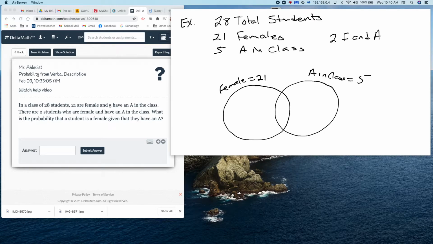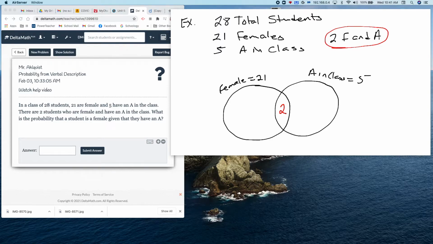Then I know the total students is 28. When I start to write the number of students in each place, there are 2 females that have an A, so the space in the middle is 2, because those are the students that are female and have an A in class.